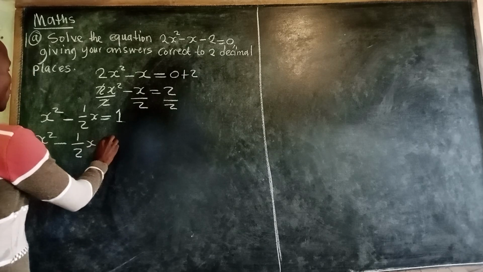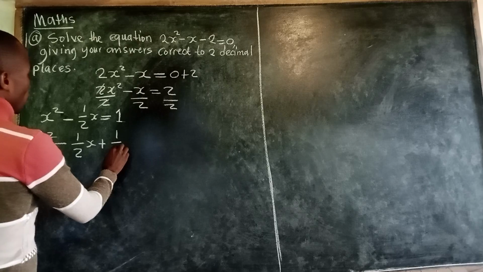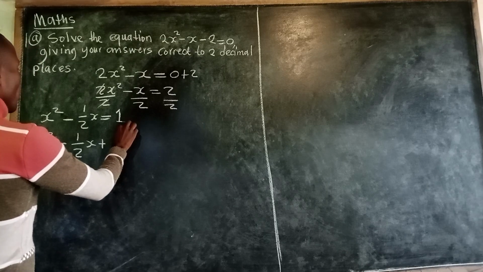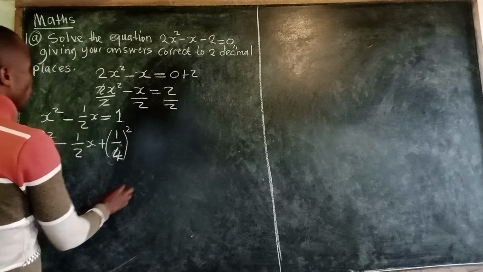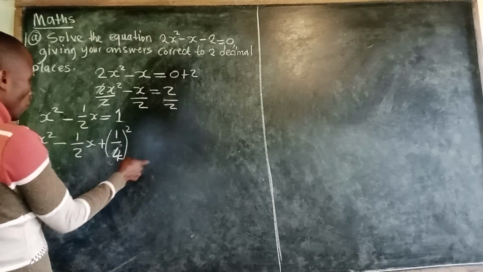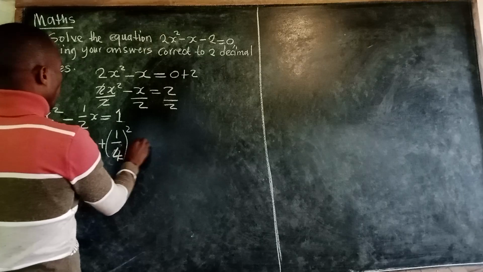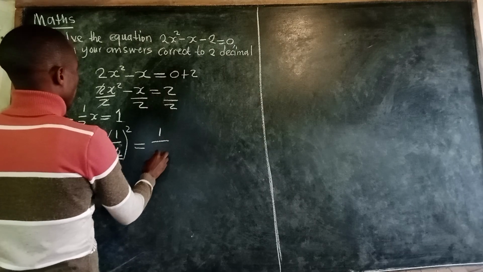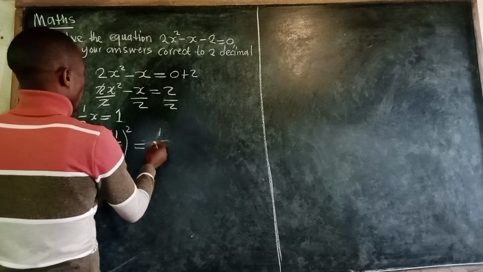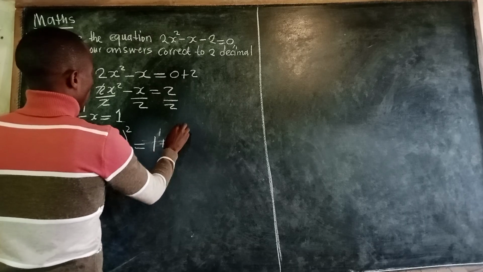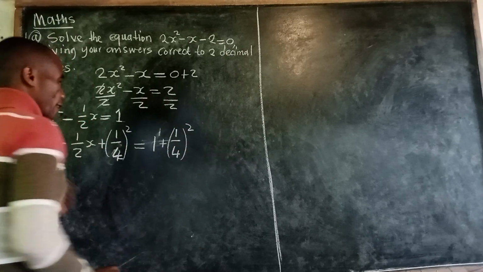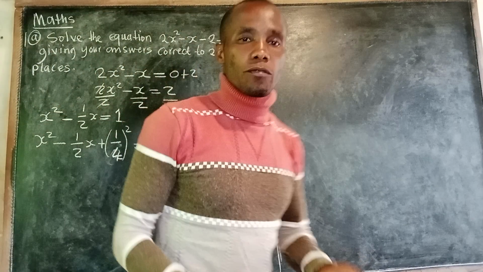So we'll say plus 1 over 4, and we can even square this one, because we are adding the half of this one, which is already squared. Then equals 1, plus 1 over 4 squared. That is the route you are supposed to take.